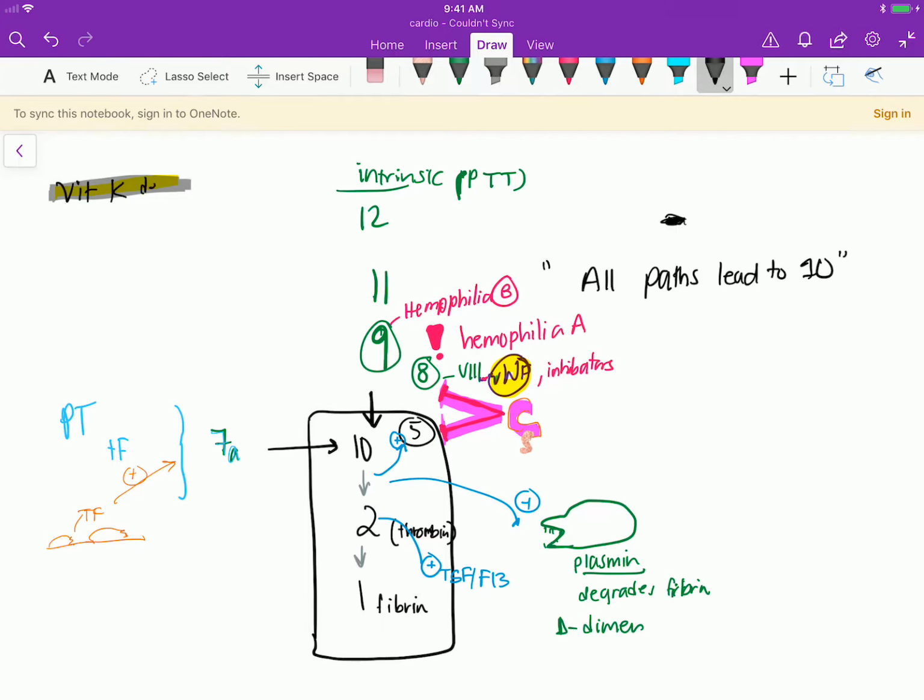So vitamin K dependent factors are factor 2, factor 7, factor 10. They're also factor 9. And obviously protein S and protein C. So these are really dependent on vitamin K. So hopefully this gives you, I know it's a little bit messy, but it should give you a brief overview of how to go about remembering this cascade.